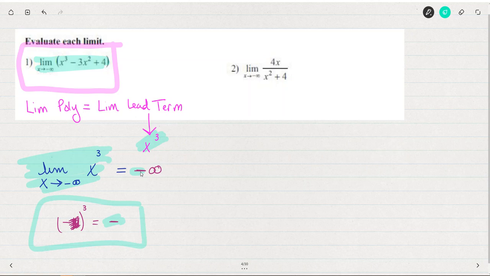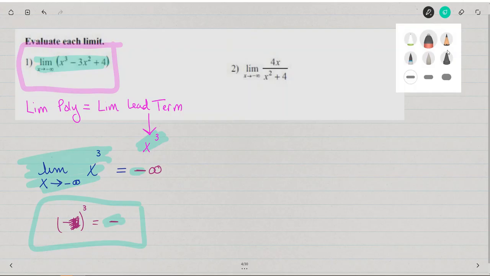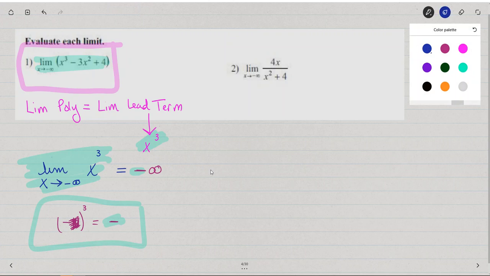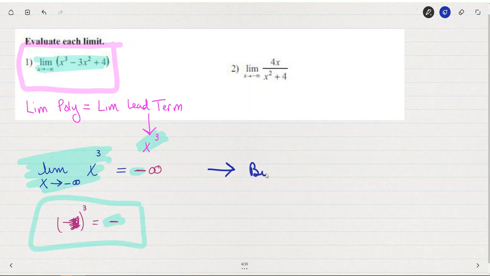It's not that as x approaches negative infinity, we always get a negative infinity, because let me do a little diversion here and say, if we were doing the limit as x approached negative infinity of x to the 4th power, anything to the 4th power, an even power, turns out positive, doesn't it?